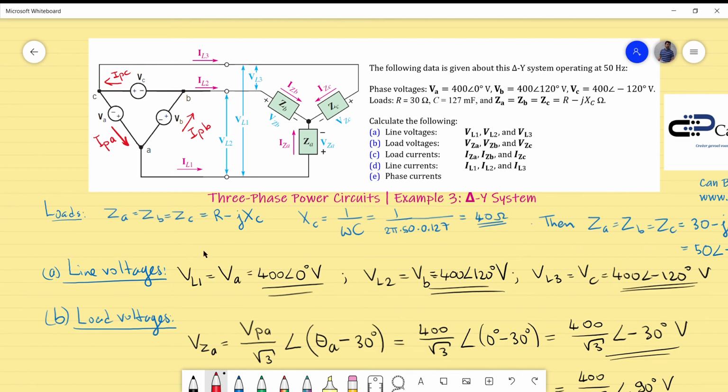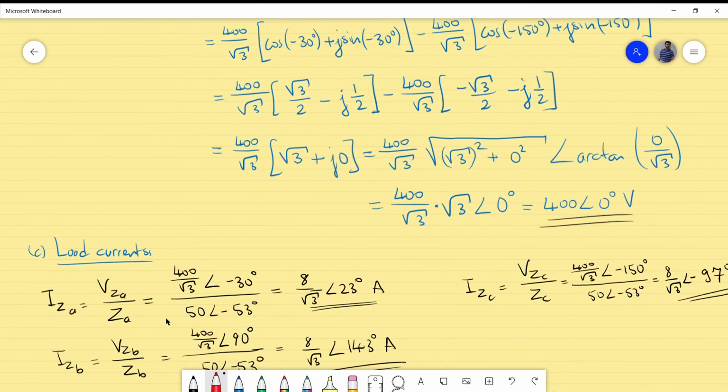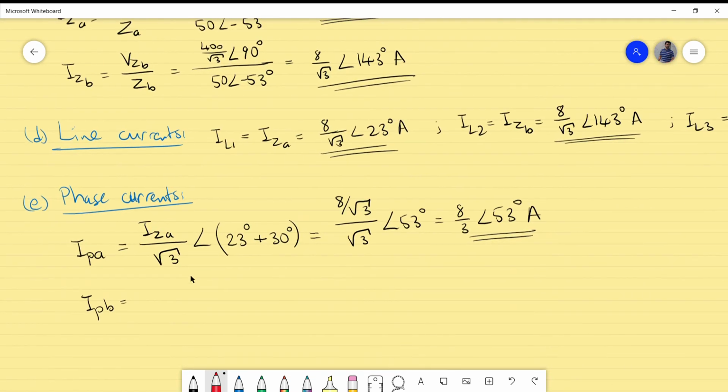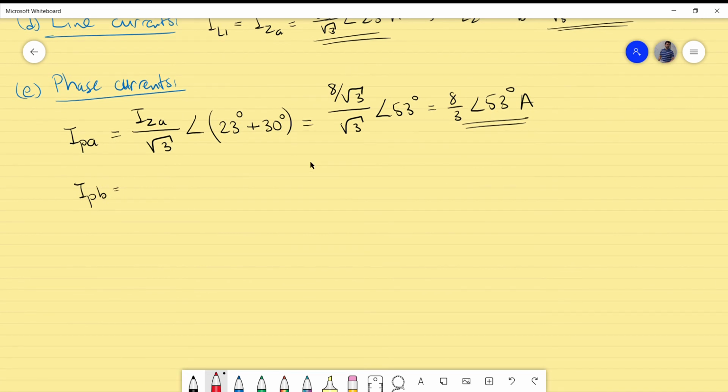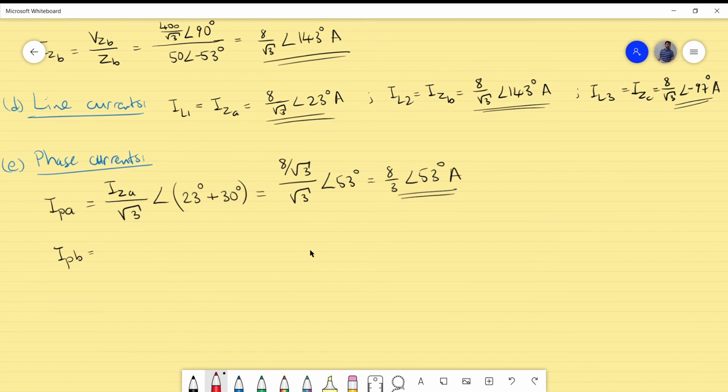So I will move all the way down and continue using the exact same expression for the phase current. So what do I have?